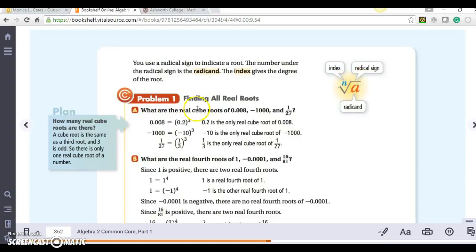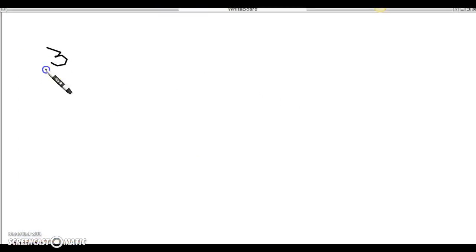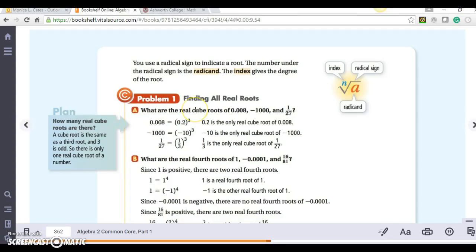Problem 1 says, what are the real cube roots of, and a cube root is going to the third power. They're asking me for the cube root of 0.008. I'm only going to get one value, so it would be 0.2.